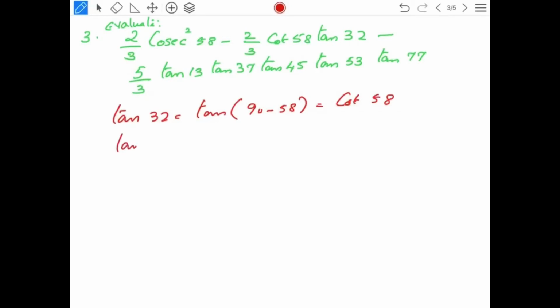Now we will convert tan 77 is equal to tan 90 minus 13. So it is cot 13.